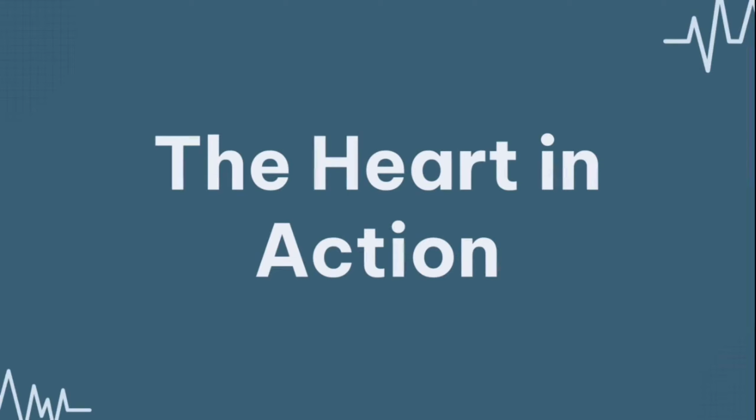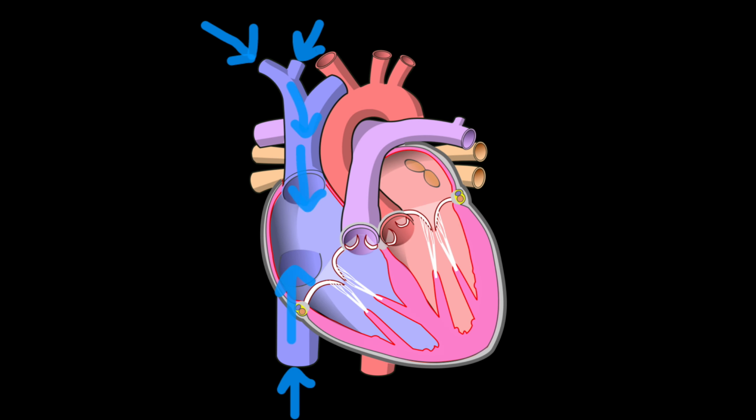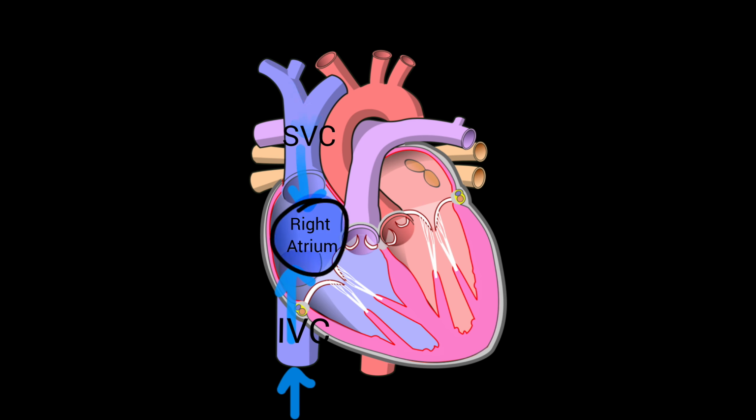Our heart starts its journey by first collecting deoxygenated blood. The superior vena cava and the inferior vena cava collect this blood and bring it to the right atrium, which sends this blood to the right ventricle with the help of the tricuspid valve.